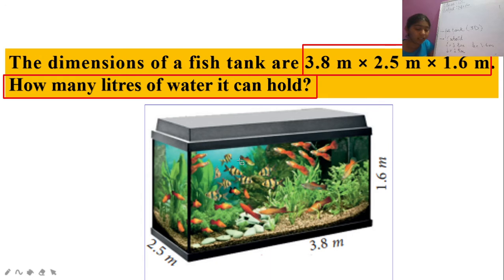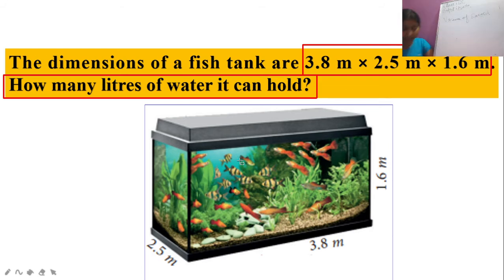Do you know how we can calculate it? No? It's okay students, let me tell you. We can calculate with the help of a formula related to the volume of a cuboid. So today we are going to discuss the volume of a cuboid, its concept and application.